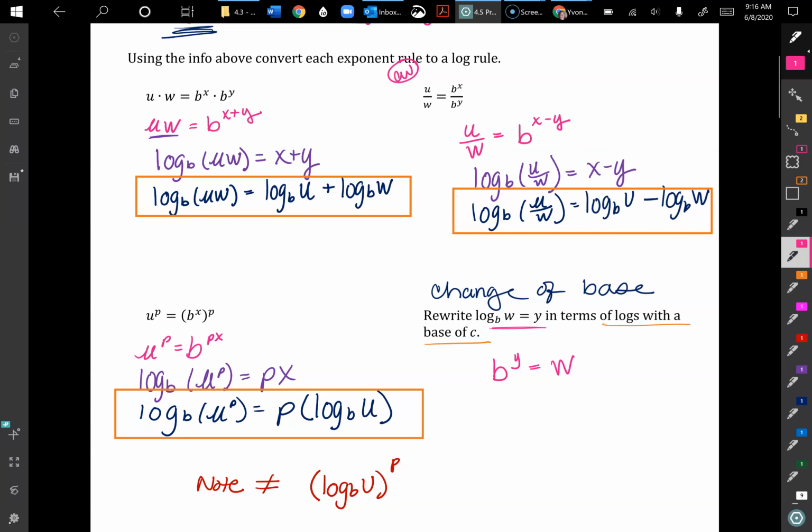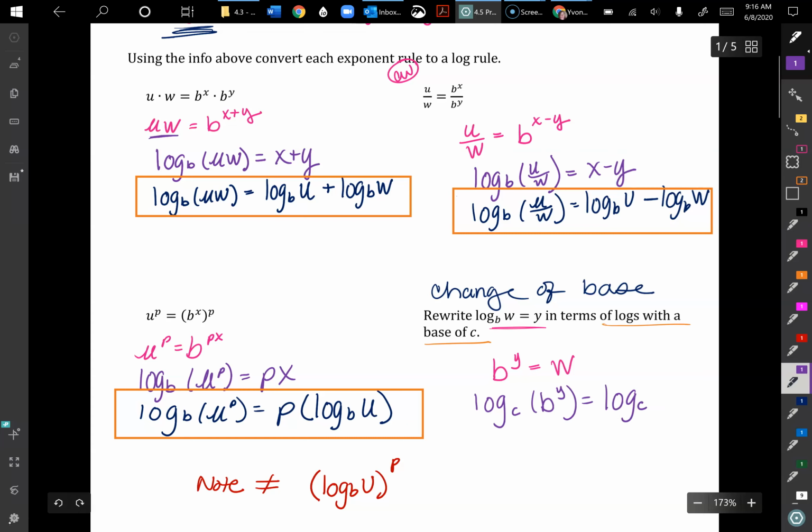Now we can do what's called take the log of both sides. As long as we do that to both sides, we have an equivalency happening. So then we would have log, and I'm going to use a base c, of b to the y equals log base c of w. Now I can use my exponent properties to solve for y.